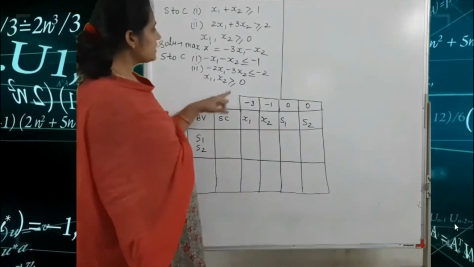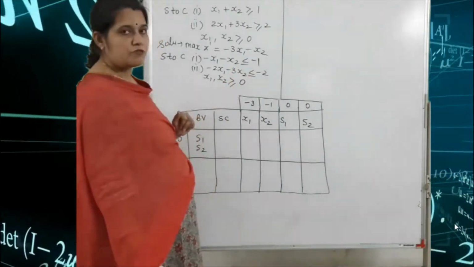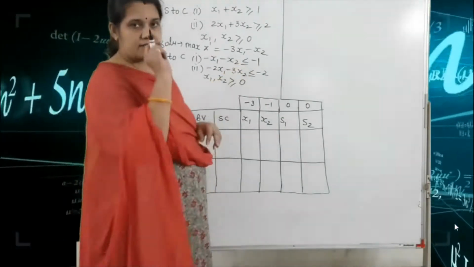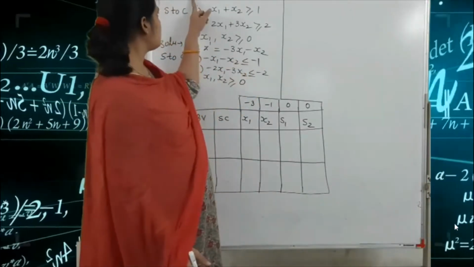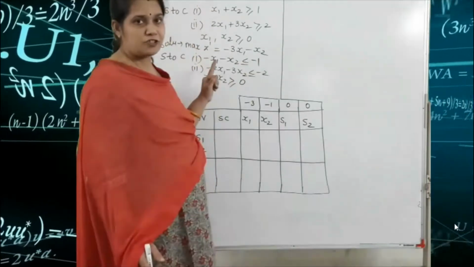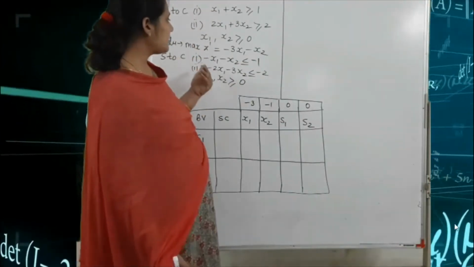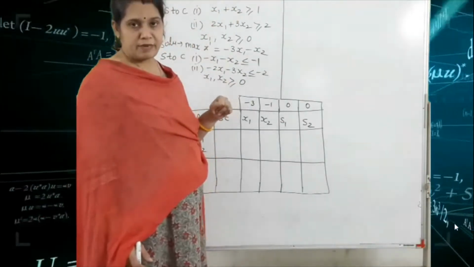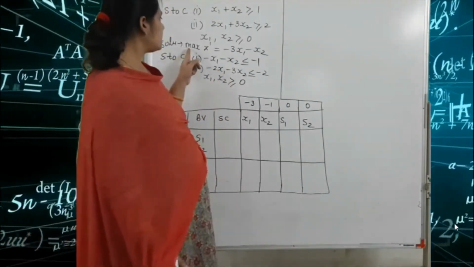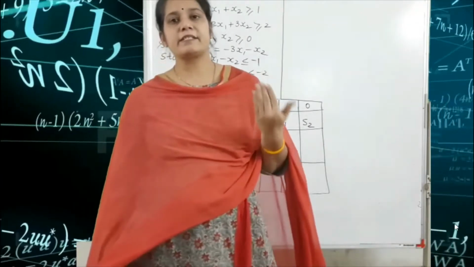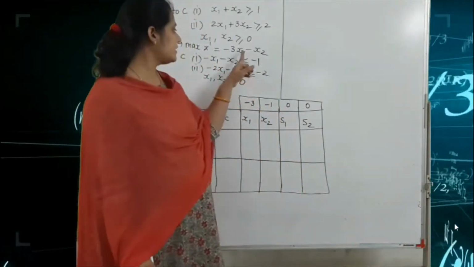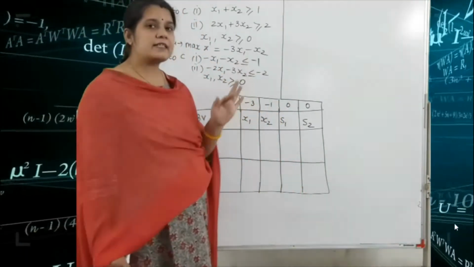Next, this is the less than equal to type. This process is for converting the minimization into the maximization form, and after that we apply the dual simplex method. If your question is converted into the maximization format, or is given in maximization form, first you check that all the inequalities are less than equal to type.